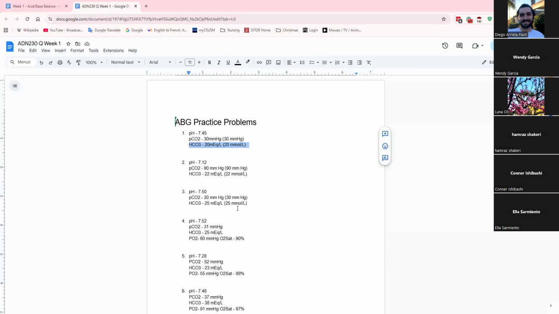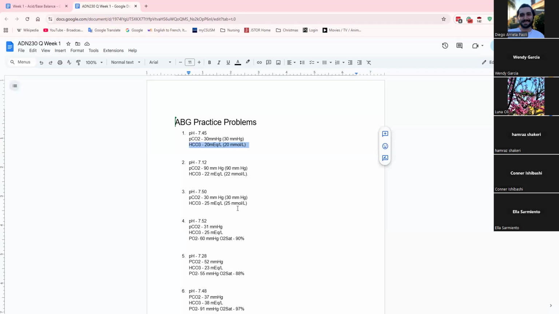Okay. So you have this scenario where you notice that you're supposed to be matching, right? So if your pH is not considered basic or acidic, it's in a normal range, but you have abnormals with your CO2 or your bicarb. The way you want to think of it is you want to split it in half. So you have that normal range of 7.35 to 7.45.